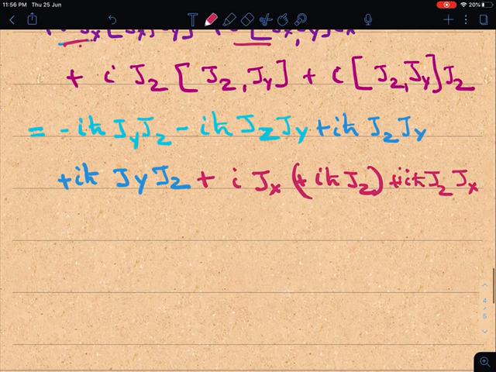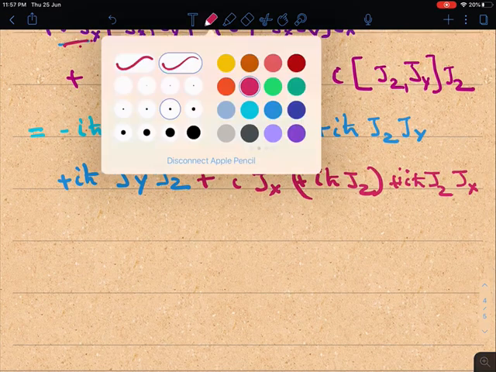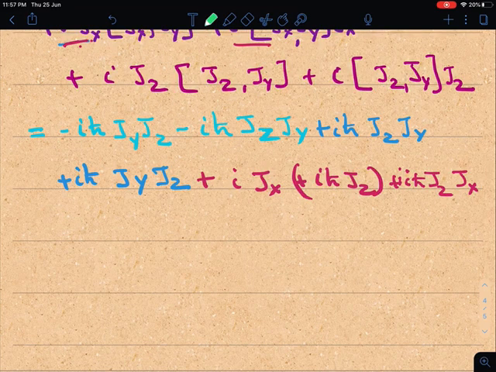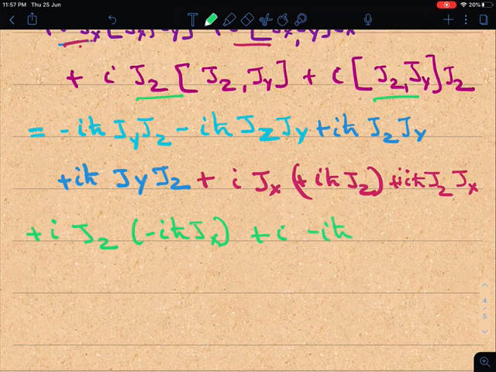One i is there again here. Then about this term, we'll write it again: i Jz, zy is an odd permutation, so you have minus i h cross Jx, plus i here, again an odd permutation, minus i h cross Jx Jz.